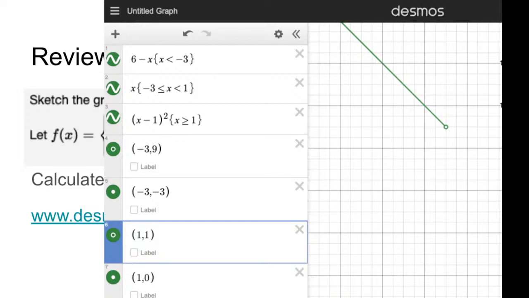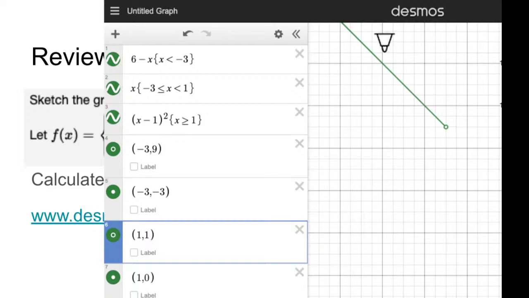So what we're doing here, if we want to find the limit as x goes towards, let's see, what is it? It's a boundary at -3. Okay, it's working. So here's -3 on the x-axis, right? So we're looking basically from the left and the right.